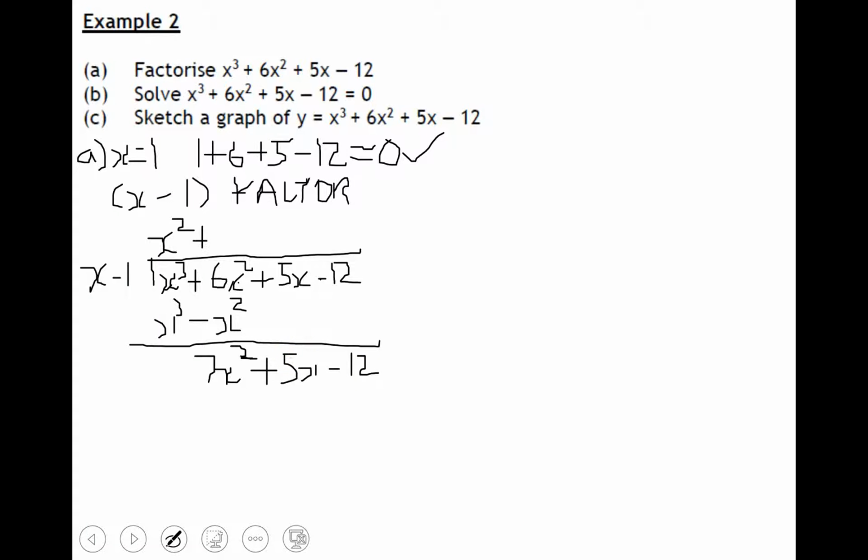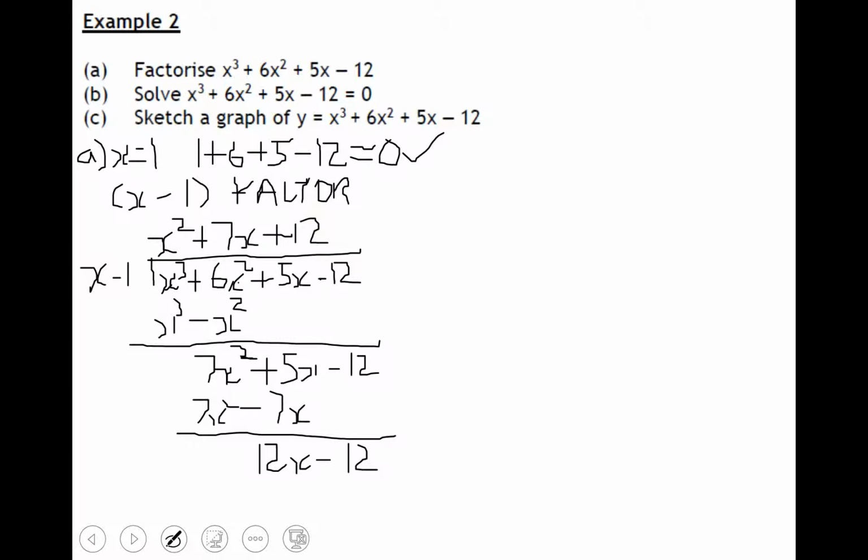That's plus 7x. Multiplying the 7x by x minus 1, we get 7x squared minus 7x. Subtracting, 7x squared minus 7x squared cancels, 5x minus 7x gives 12x. Minus 12 comes down. What do we multiply x by to get 12x?